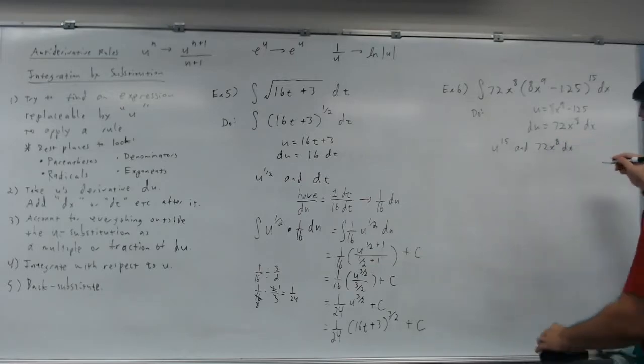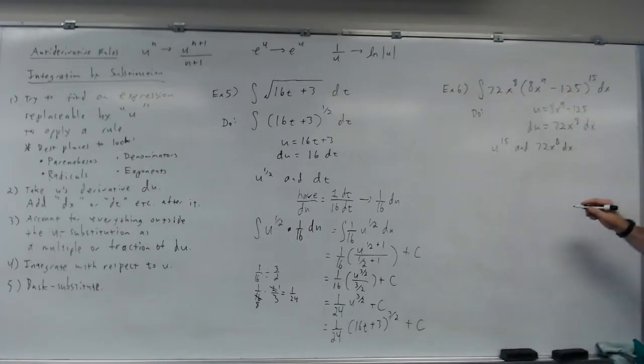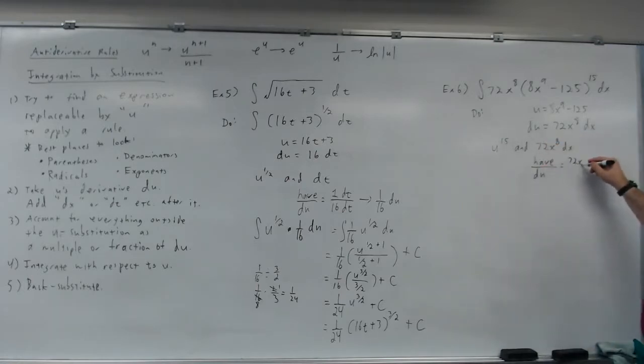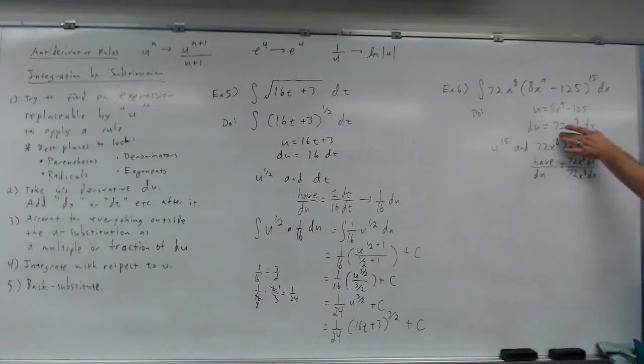(72x to the 8th) dx. So u to the 15th and 72x to the 8th dx. Okay? So now I'm going to do my half over du. I have 72x to the 8th dx, and I have as du 72x to the 8th dx.